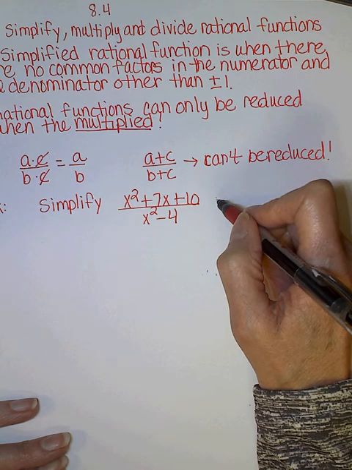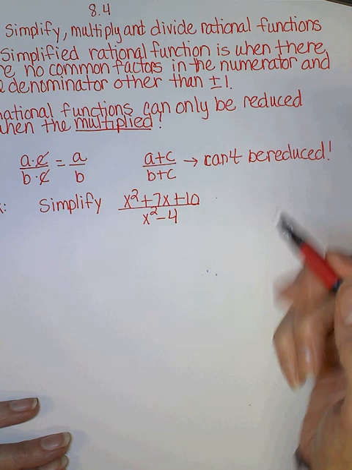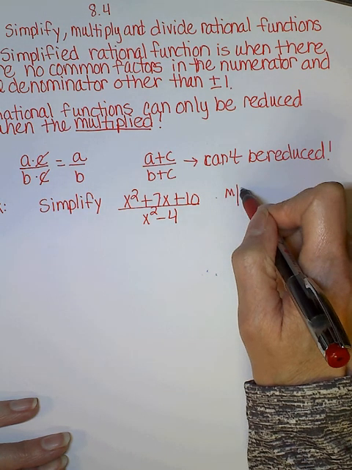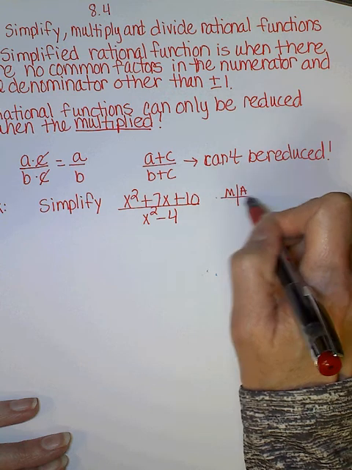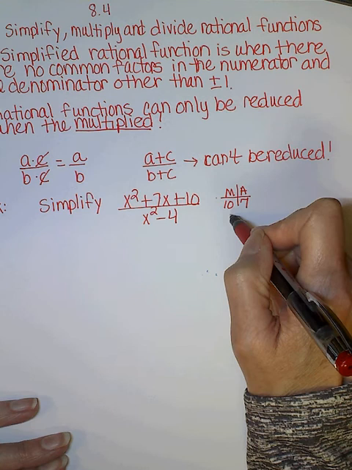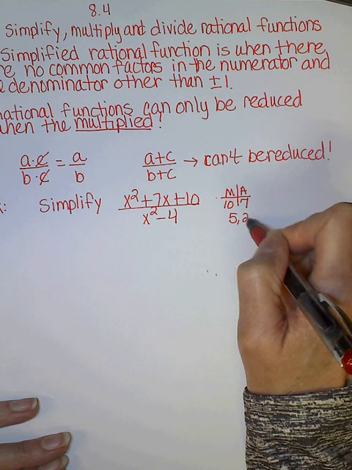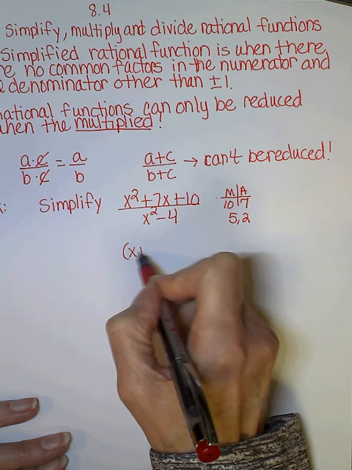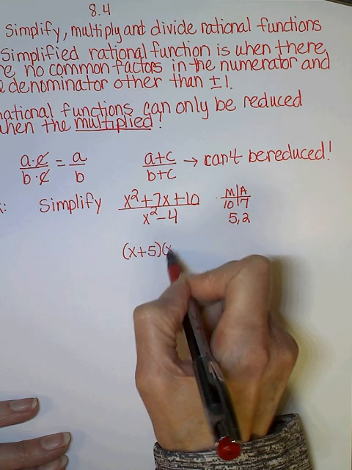So the first thing you're going to do is factor. So if we want to factor the numerator, we're going to make our multiply to be, add to be. Two numbers that multiply to be 10 and add to be 7 are 5 and 2. Okay, so the numerator can be factored into x plus 5 and x plus 2.